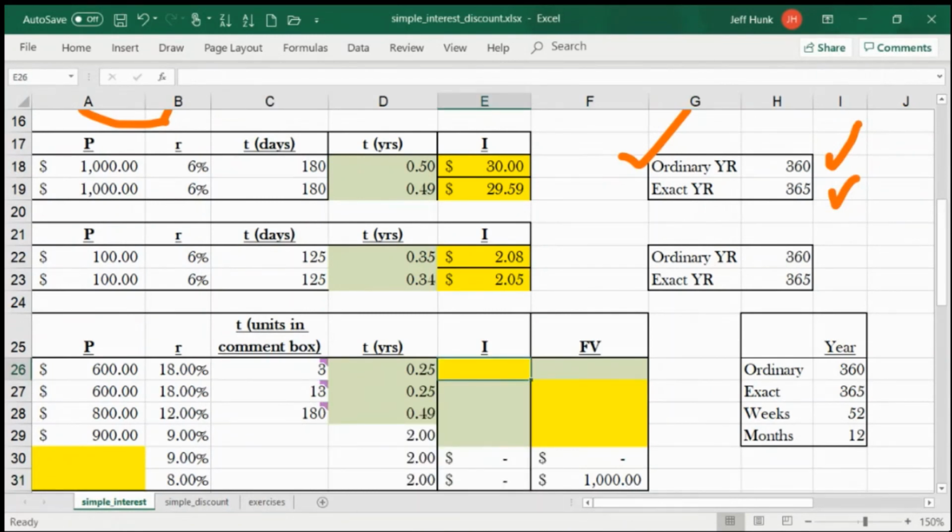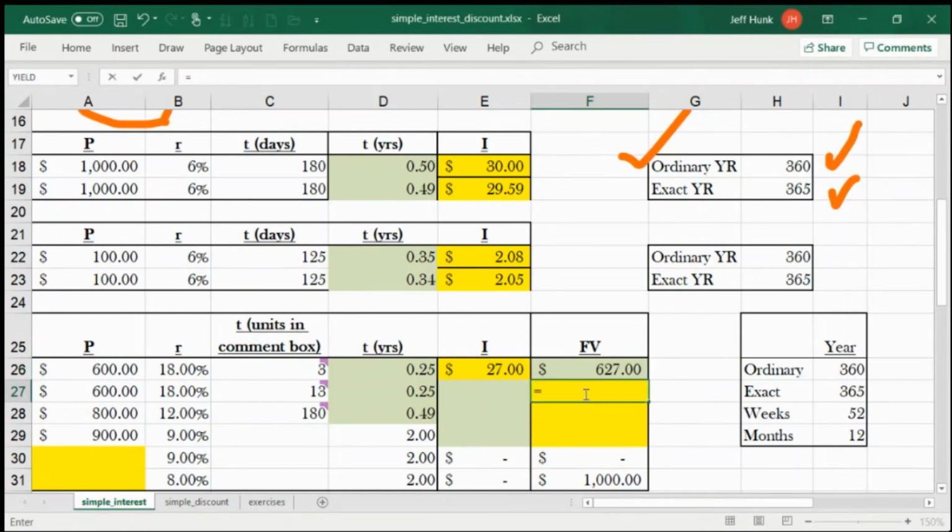Now, all we need to do is, again, we know what to do. P times R times T. Again, T is this, right? Not the other. And then future value is the result of principal and interest, right? And here, this is the primary solution cell.